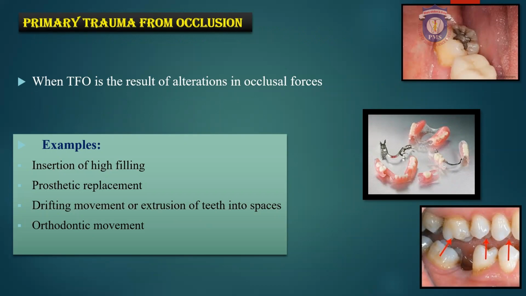For example, insertion of a high filling, an ill-fitting prosthetic replacement, a drifting movement or extrusion of the tooth into edentulous spaces, or orthodontic tooth movement. All this causes alteration in the occlusal forces, which can lead to primary trauma from occlusion.